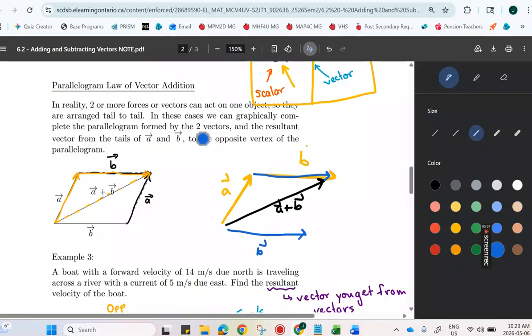So what this is stating, and this will always be the case, is that if I were to draw out vector A and vector B and add these two vectors together, and notice how in both cases we start at the tail to the head, the resultant vector will be in the middle, forming our parallelogram. Let's take a look at how this works.